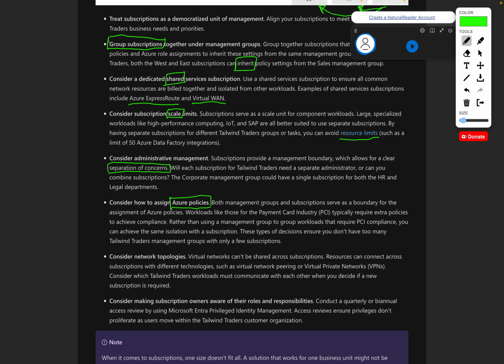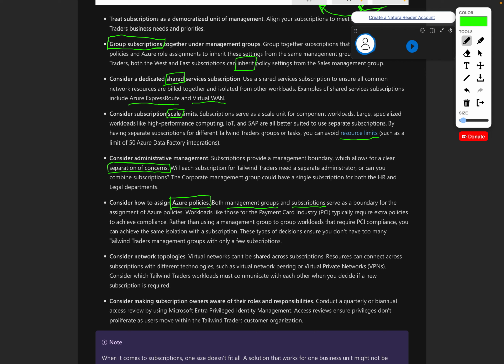So we have to balance these, and whatever type of isolation in terms of Azure policies that we want to achieve, we can achieve that through both management groups and subscriptions. So it all goes back to the requirement and the style of management and monitoring to decide how many management groups and subscriptions we need to create and which subscription we have to put under which management group.